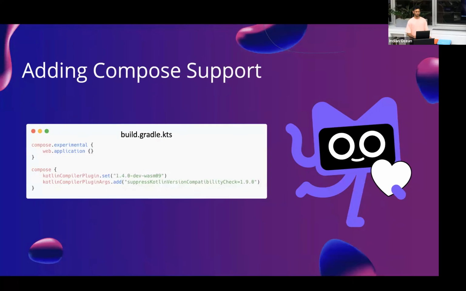Then we mentioned our Compose experimental part, we have our Compose plugin versions, which is the compiler versions again, and then our arguments that we require to suppress the compatibility check, which is 1.9.0.